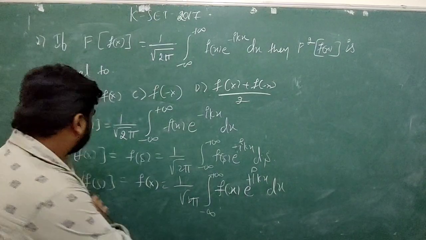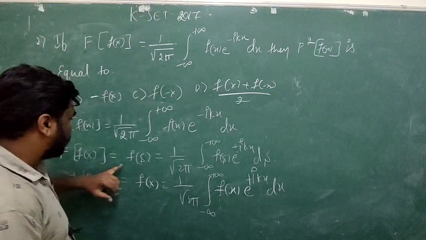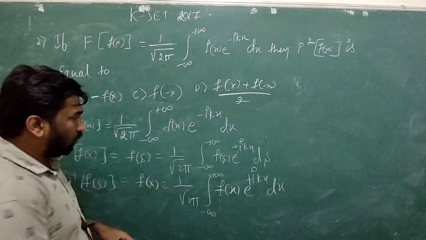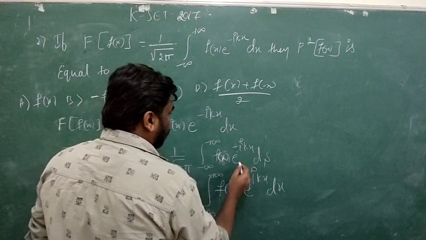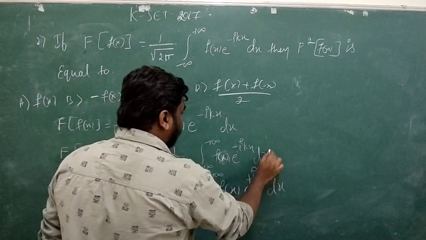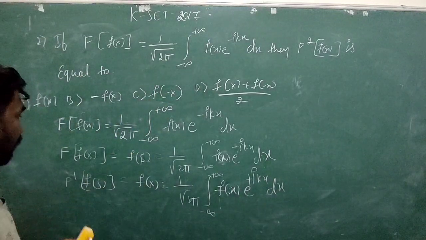Sorry, again I made a mistake. F of f of x is equal to F of s, correct, 1 by root 2 pi. So this is f of x into e power minus ikx into dx. This is correct only.